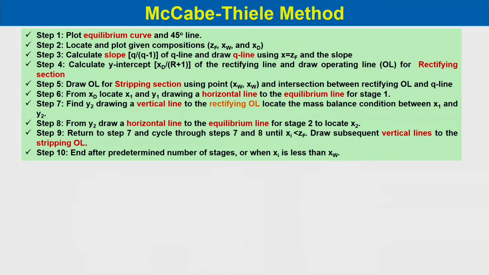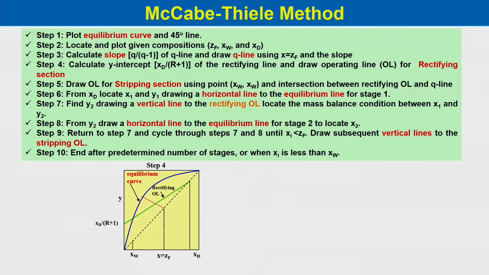The next step is to draw the rectifying section operating line. To draw it, calculate the y intercept, that is x D by R plus 1, and draw the operating line for the rectifying section.